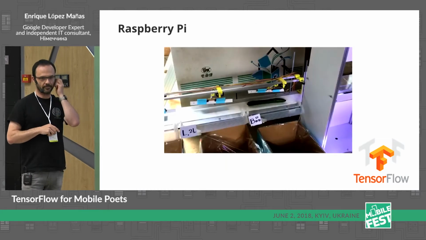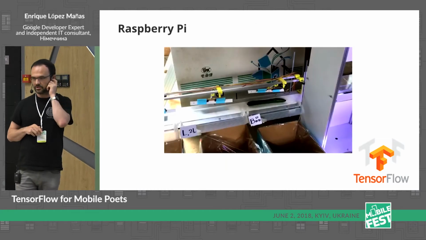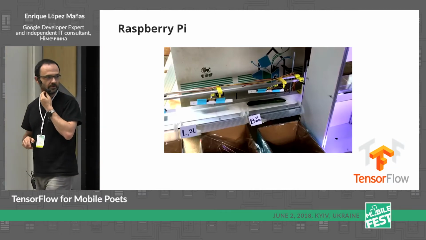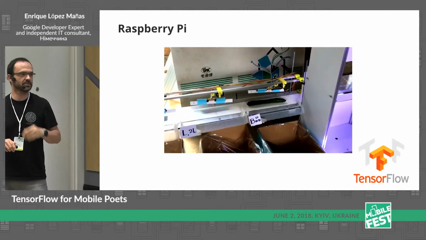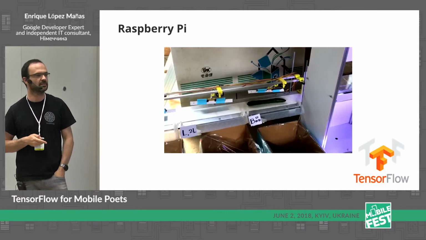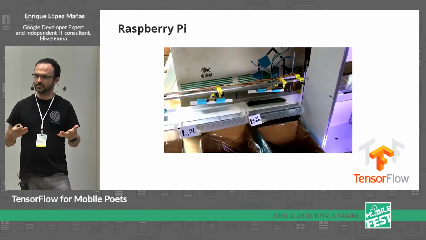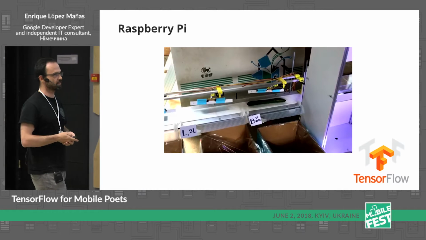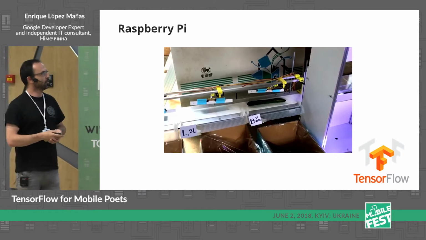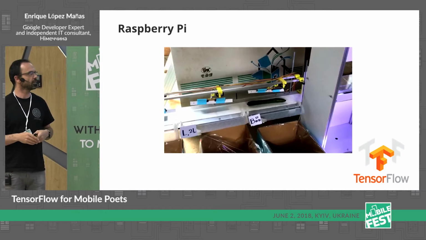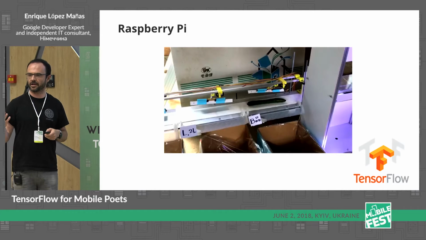Now, Raspberry Pi. I don't know your story with Raspberry Pi. My love story with Raspberry Pi consists of buying one 4 years ago and leaving it in a box, and it's still there. But some people really use this Raspberry Pi, and they create a lot of experiments around it. And there was, in Japan, you know, if you look for strange things, in Japan there are many. There was a person that owned a cucumber factory.